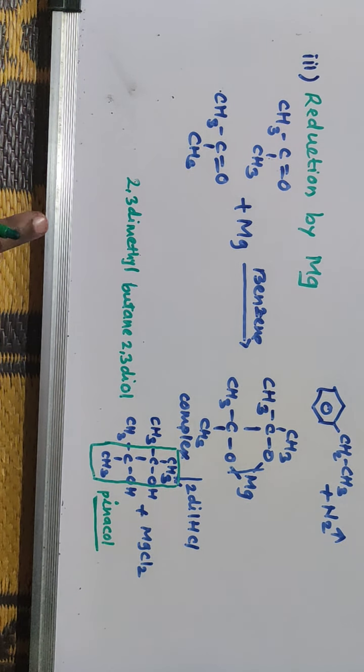The next reduction is by magnesium. In the case of magnesium, when 2 acetone molecules react with magnesium in the presence of benzene, you will get a complex compound where magnesium is added to the 2 acetone molecules, and this on hydrolysis with dilute acid gives pinacol, a dihydroxy compound. So this is about the reduction reactions. Next time we'll see the haloform reaction and then oxidation.